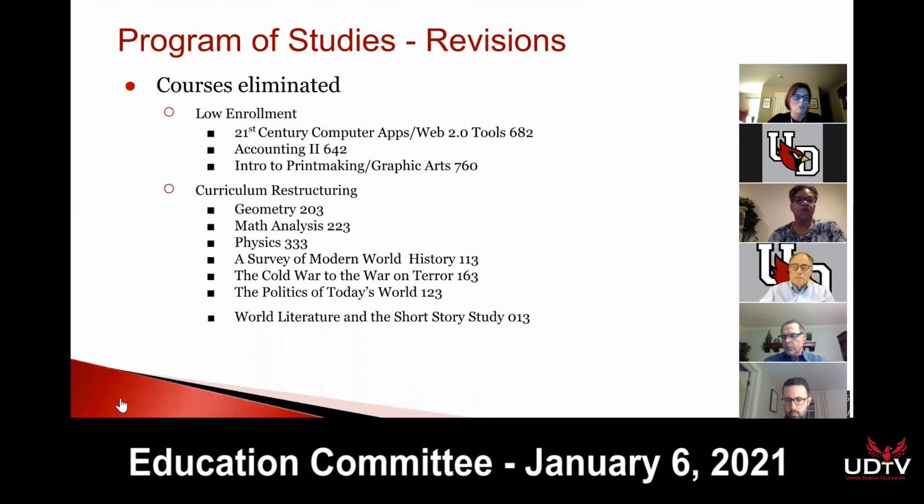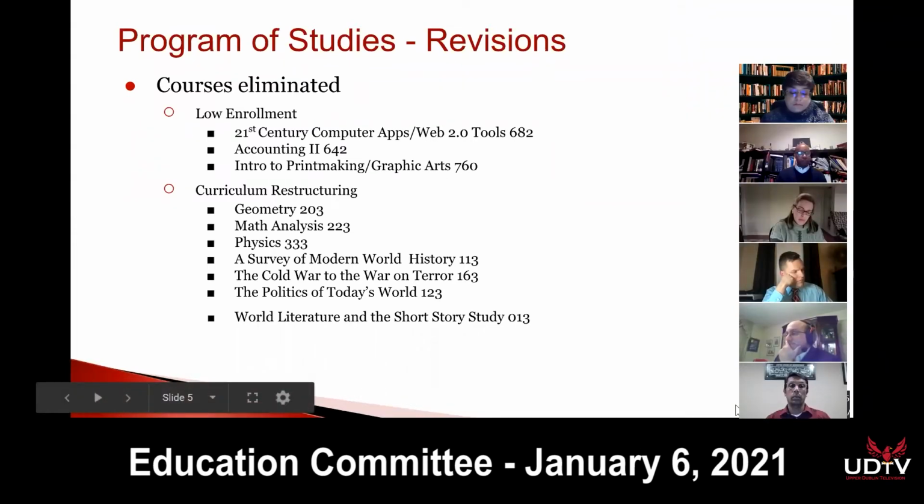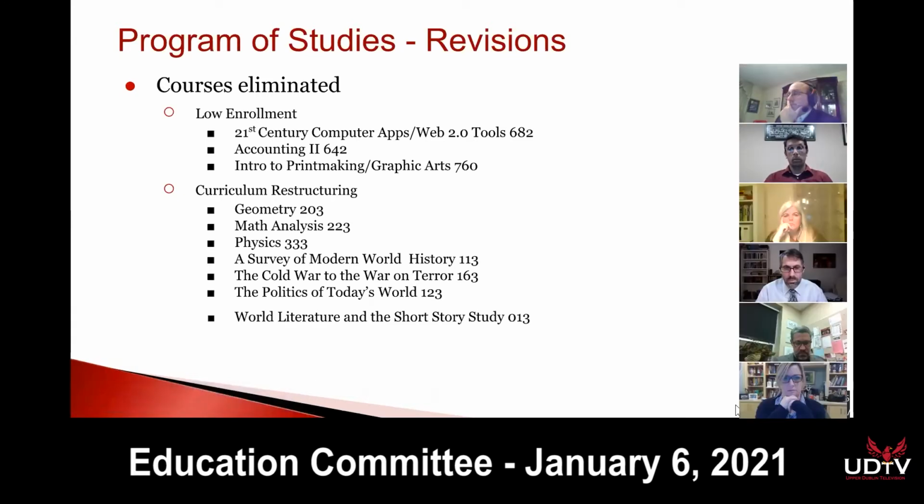And as you look at the first course example, the computer web application class, we have a bit more advanced courses in computers that students can sign up for if they're interested in that program, or a computer programming class that students have selected to choose. And therefore, that class has become non-essential.